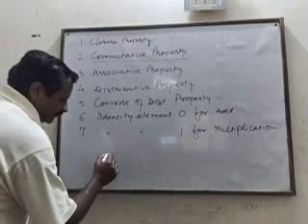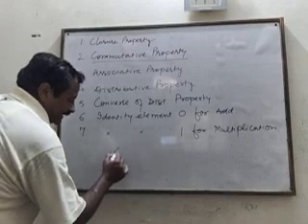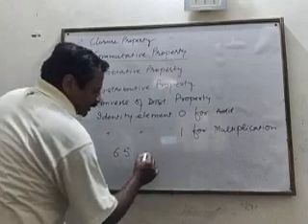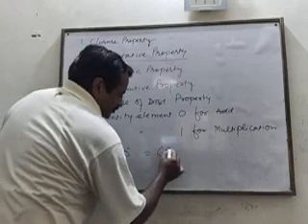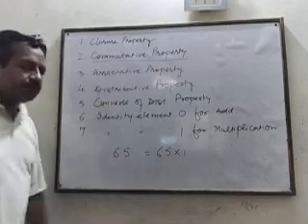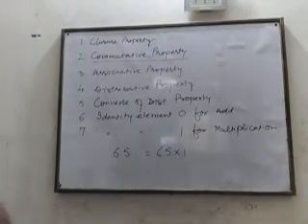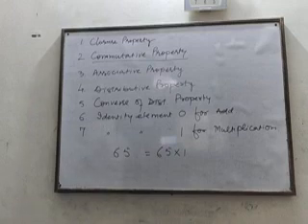Always remember that whenever a number is written, 65, you can write it anytime as 65 into 1. It means 1 is always there in the multiplication of every type of number. So 1 is called the identity element for multiplication.